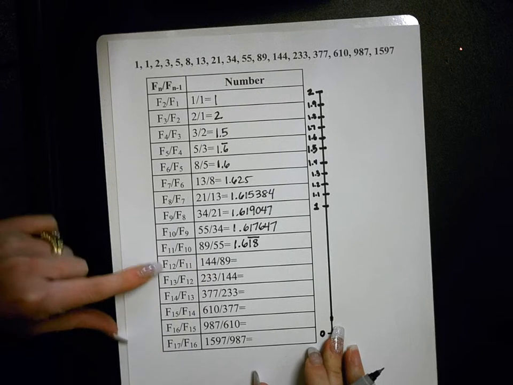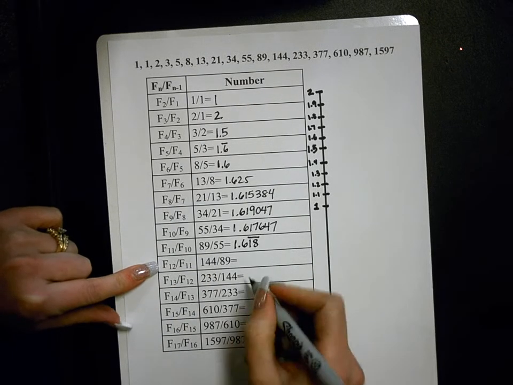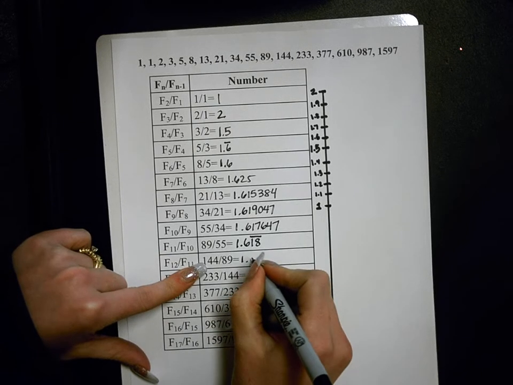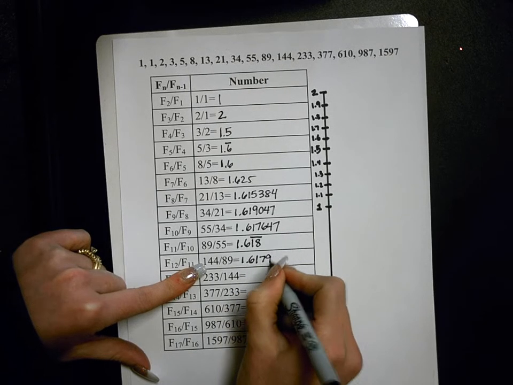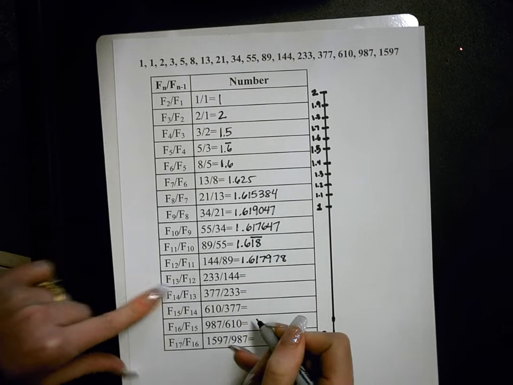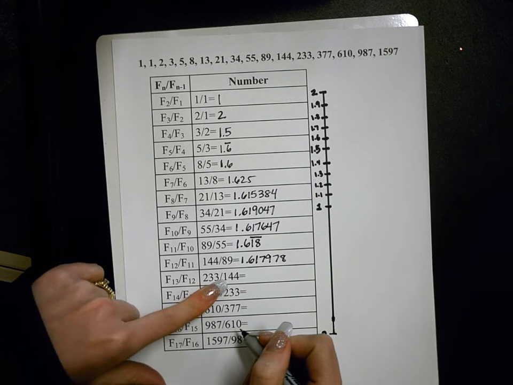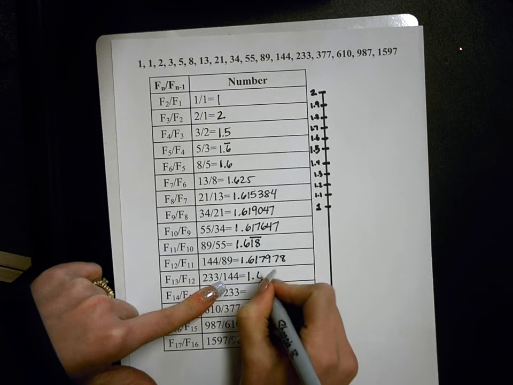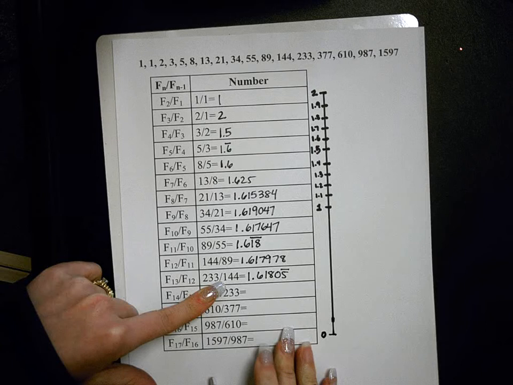forever. Then we take the 12th Fibonacci number and divide it by the 11th, 144 divided by 89, which would be 1.617978. The 13th divided by the 12th, 233 divided by 144, ends up being 1.61805555, which keeps repeating.